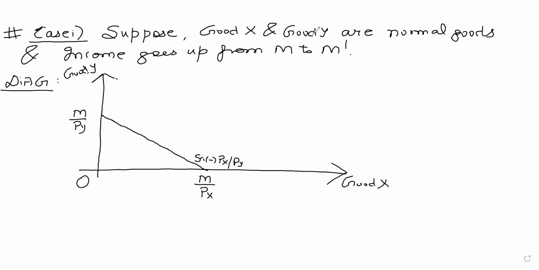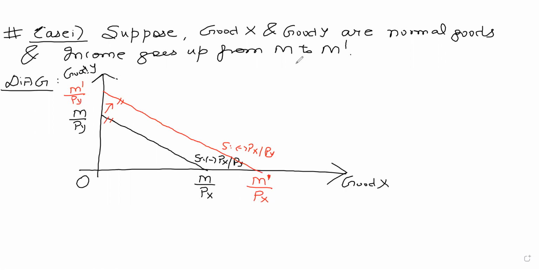You can refer to my previous lectures on budget lines. You can clearly see when income goes up, horizontal and vertical intercepts both go up. Horizontal intercept becomes M dash by Px. Vertical intercept becomes M dash by Py. Slope of the budget line is still minus Px by Py. There is no change. That means both these lines are parallel to each other and the budget line shifts out.